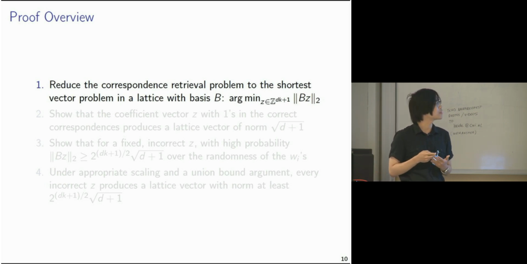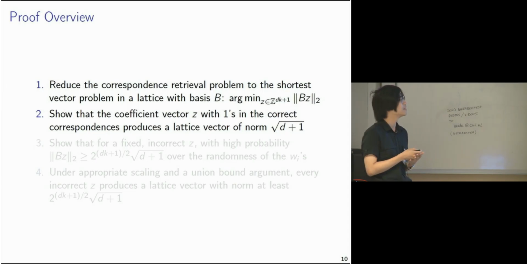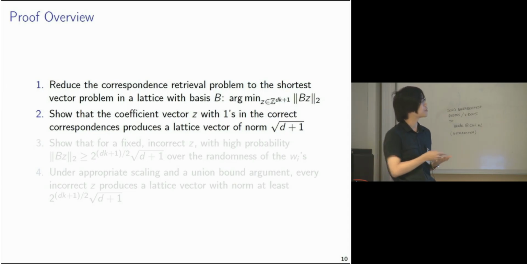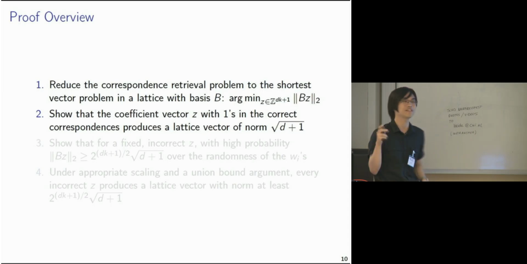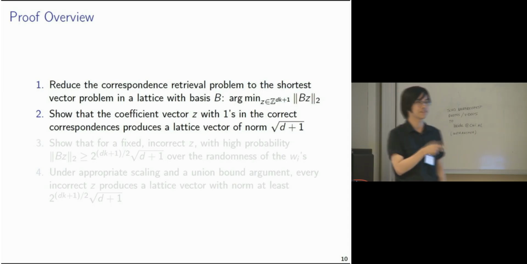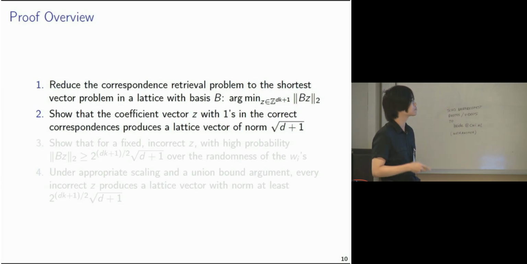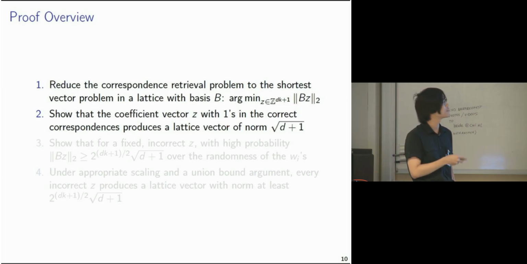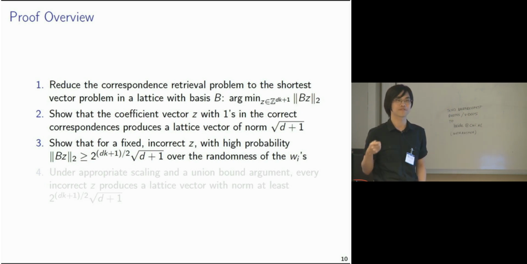In order to apply triple L to this, first we need to identify what the actual shortest vector is, and what we are able to show is that the coefficients that produce the actual shortest vector contain the information needed to read off the correspondences, which then enable us to solve the linear system. Once you identify what the shortest vector is, you need to show that every other possible vector is too big to be returned by the triple L algorithm.